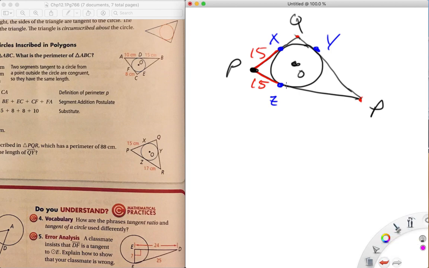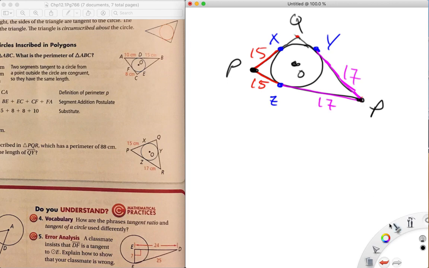They say that from here to here is 17. Since they share a common endpoint, this one here is also 17, because they share a common endpoint at P from the point of tangency. So from Y to P and Z to P, they're the same distance. So they're 17.